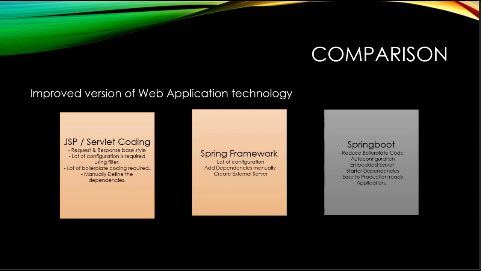The Spring container will take care of the instantiation of each bean, and it will also maintain the scope of it. We used to have a beans.xml file, and also we have other options like Java based beans or annotation based beans, likewise.